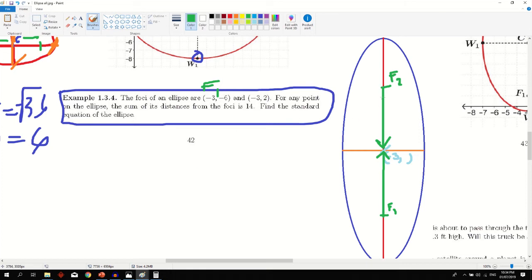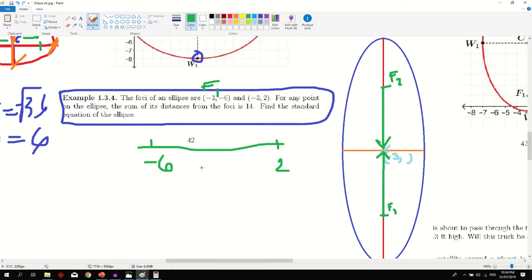If we have this distance, then we can divide it by 2. It means that would be the center. So negative 6, and it's positive 2, then we will just add it up.